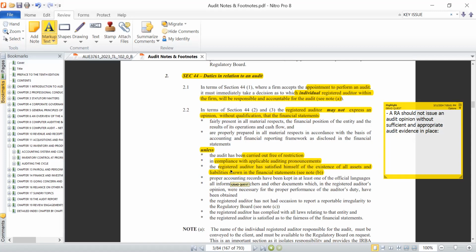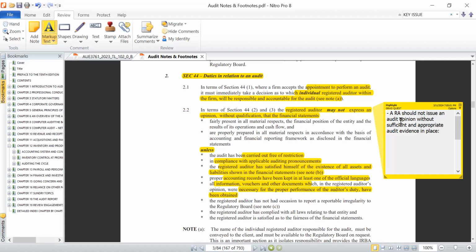They are owing certain third parties X amount of money. Unless proper accounting records have been kept, at least in one of the official languages, or the information, vouchers and documents necessary for the proper performance of the auditor's duty have been obtained.